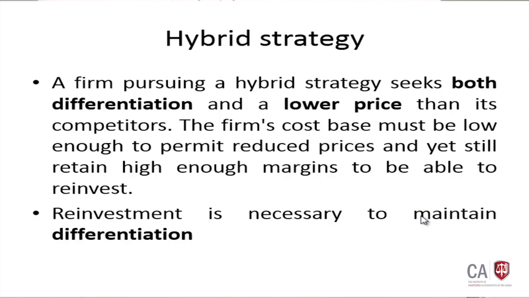This is a fantastic strategy if you can apply it, because customers always accept this type of strategy. Normally, if you have enough cash, you can use that cash for research and development purposes, and through that you can make the product unique. For example, an organization like IKEA. IKEA is the world number one furniture shop. They use a hybrid strategy. They try to offer high quality furniture products at low price.